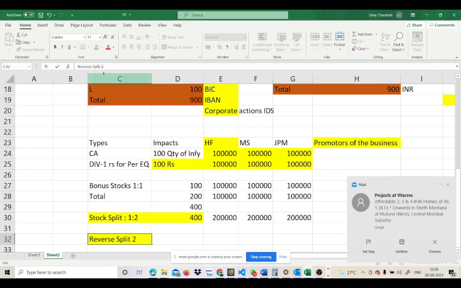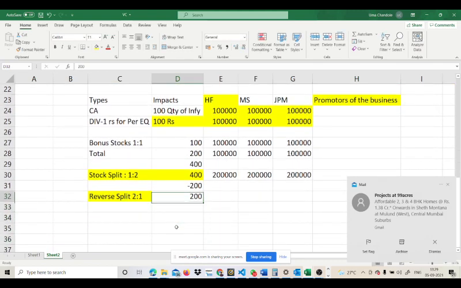If you have 400 shares, they want to reduce it to 200. So your shares will be reduced, actually replaced by new shares. The number of holdings will change, and the face value of the shares will change accordingly.